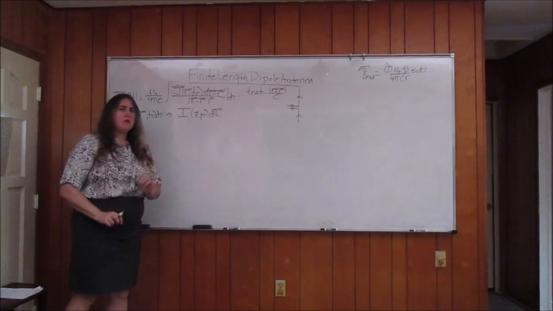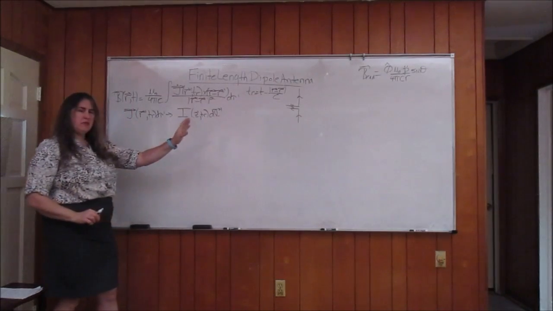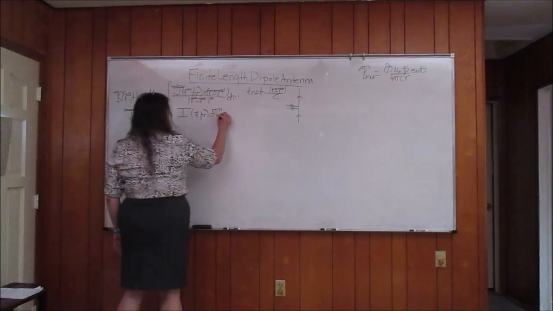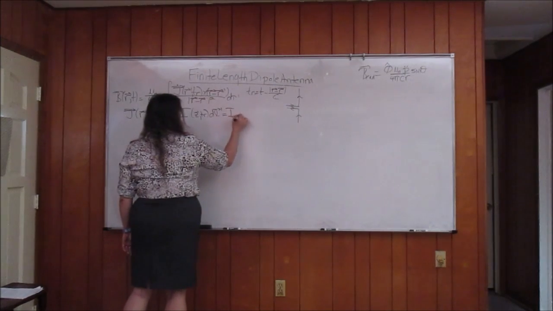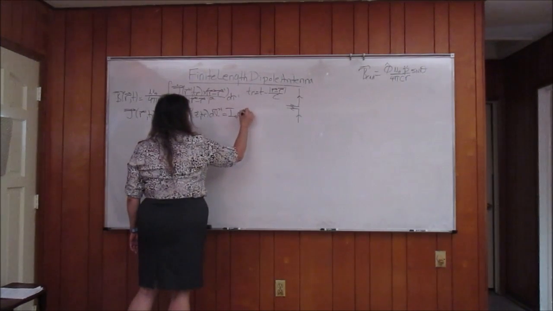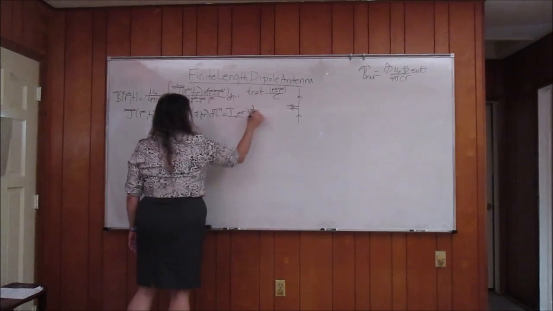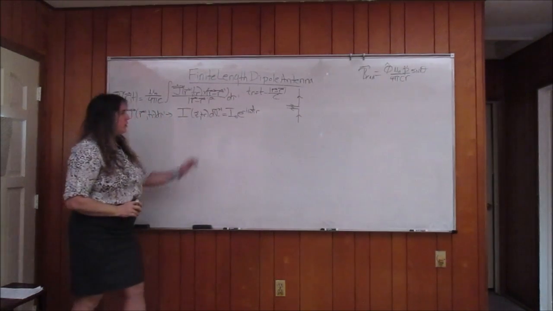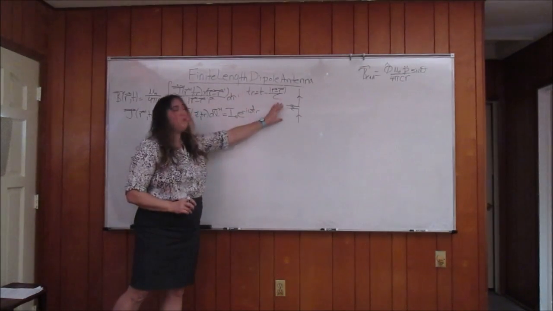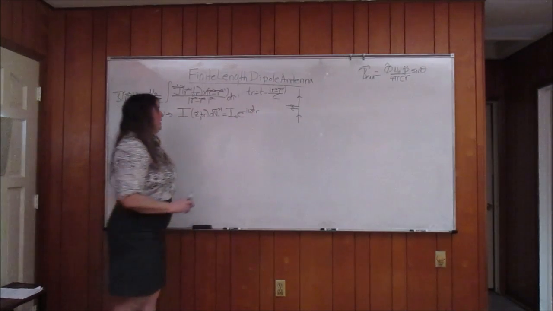Now, it has been experimentally verified that a system of this kind exhibits this particular form. And this is when it's driven from these two wires, which we assume don't contribute to the radiation.